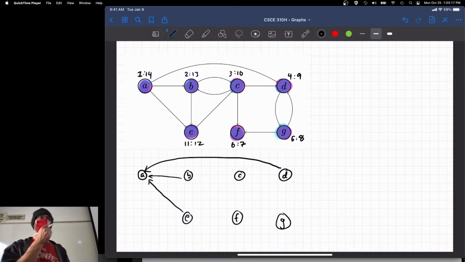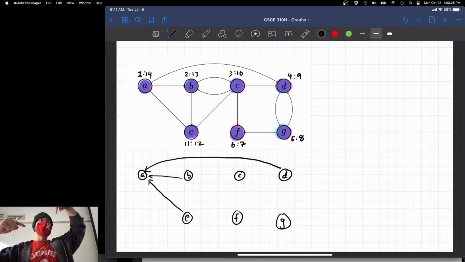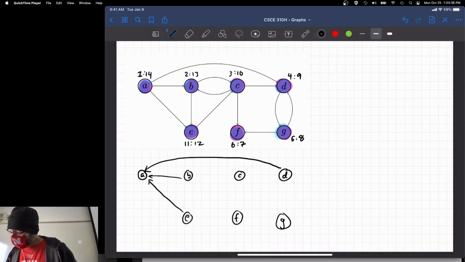Why is it called the transpose graph? Think about an adjacency matrix. A goes to B. If I want to reverse that and say that B goes to A, what do I do with that matrix? You take the transpose of it. And that's why it's called the transpose graph. All right, I can go from C to B, but that one was there as well.